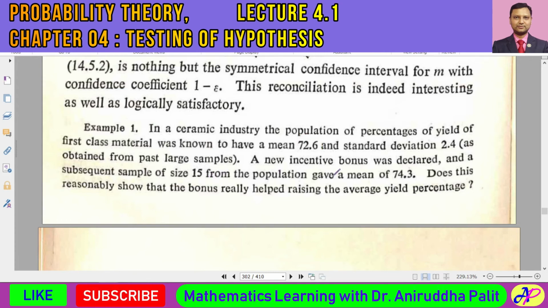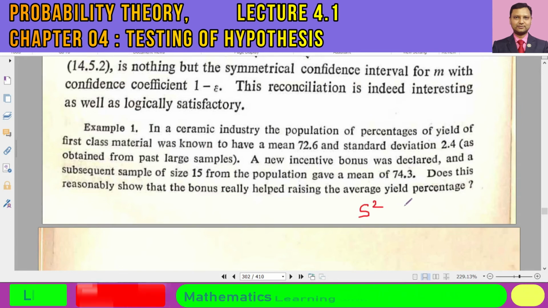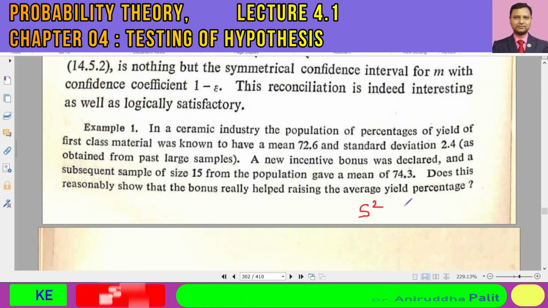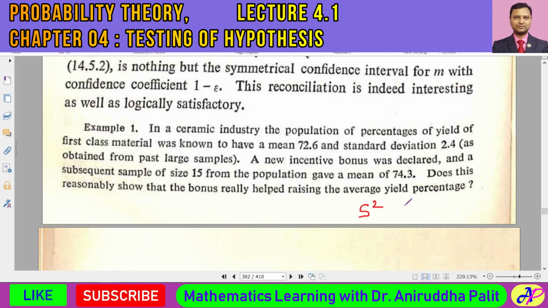Now, in this example, along with that, if this value of s square, that is the variance, is provided, in that case we can compute the value of small s.